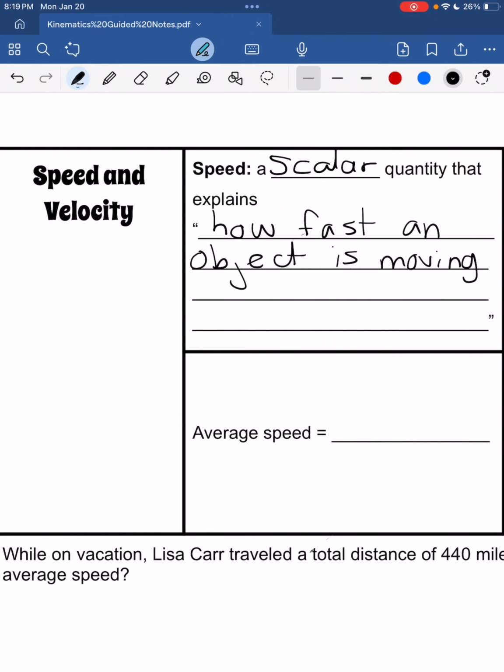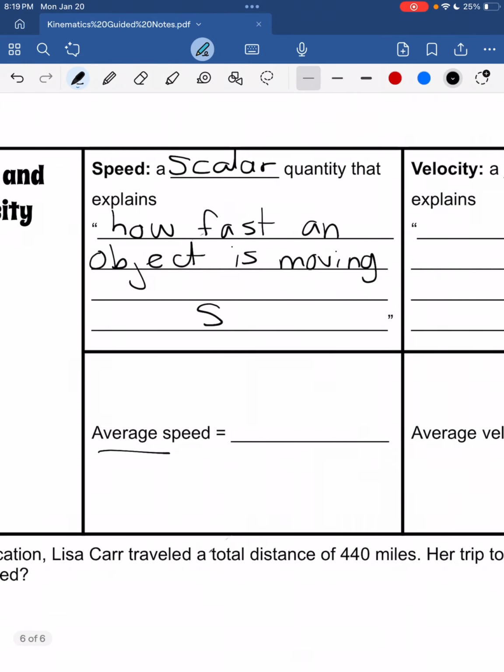The letter that we're going to use for the variable for speed is S. Here you'll see that I have average speed, and we would notate this by S avg. When we talk about average speed, we're taking the distance traveled, the distance from the page before that we did, divided by the time it took to go that distance.